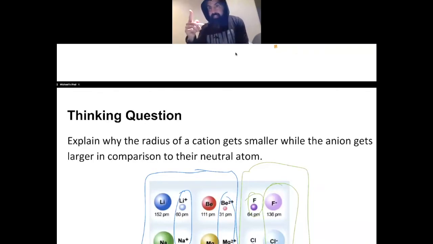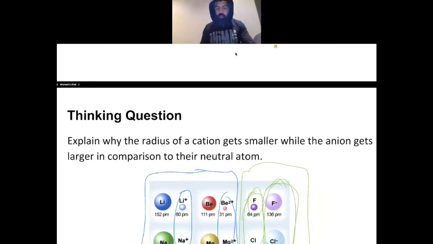The minute you add an extra electron to that valence shell, remember that nucleus has the ability to attract X number of electrons. When you add an additional electron, all of a sudden now the inner electrons will repel those outer ones by a little bit. Hence the reason why the radius gets larger for anions with respect to their neutral atom.